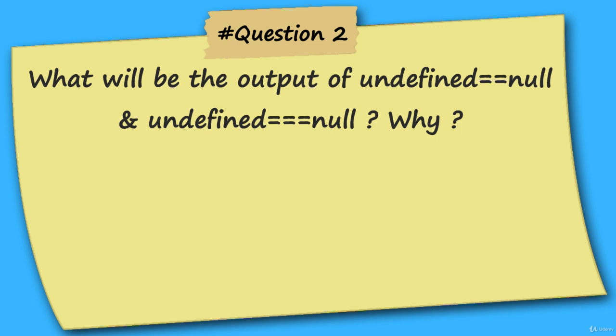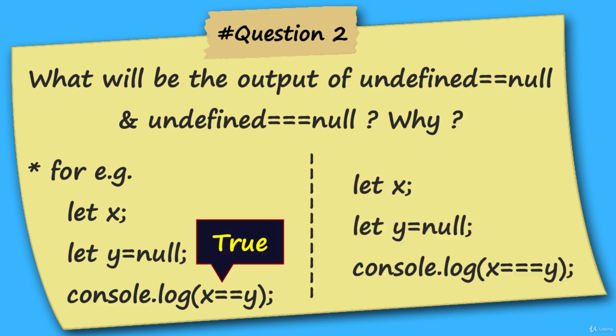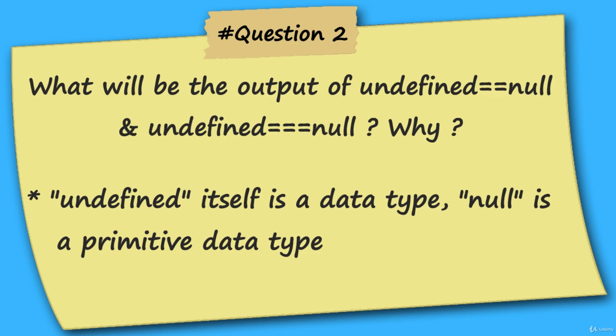So we already know that when you compare undefined and null with two equal to signs, that is simple comparison, it's going to return true, and with three equal to sign, that is strict equality, it's going to say false because it also checks the data type. And as I mentioned, undefined itself is a data type.